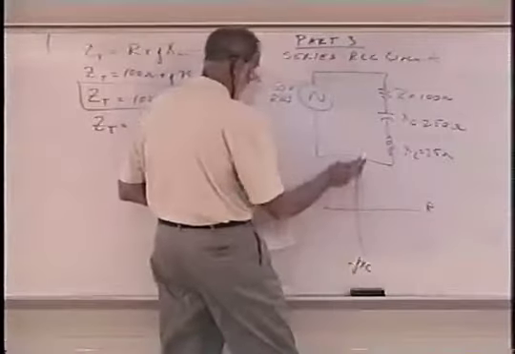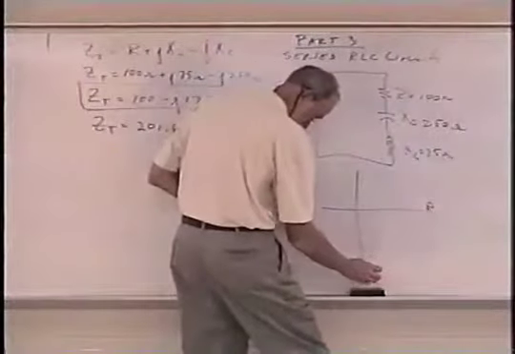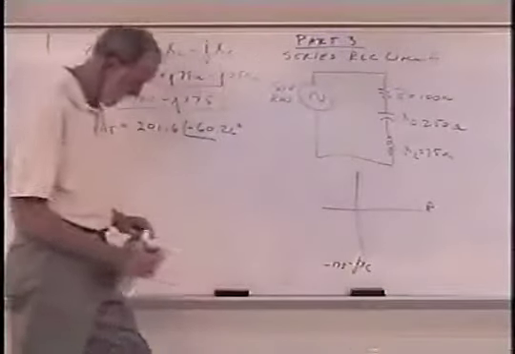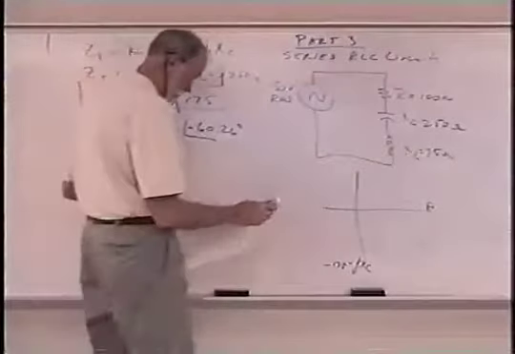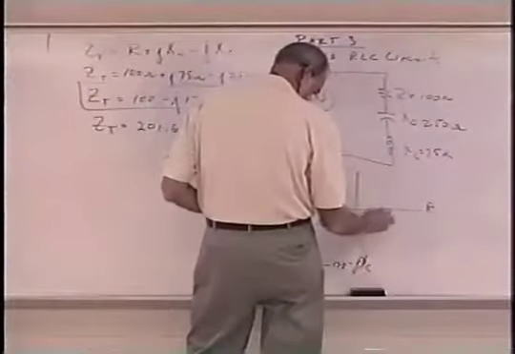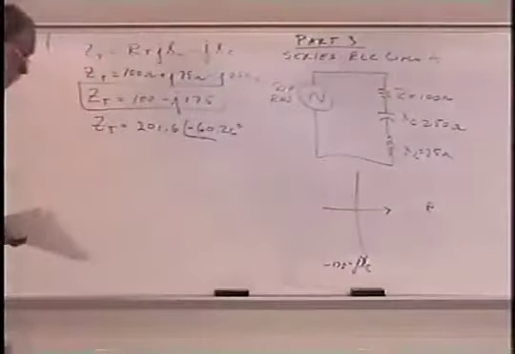So what I'm looking at is a vector of minus J 175, and a resistance vector of 100. So if I make that one that long, I need to make this one about this long.